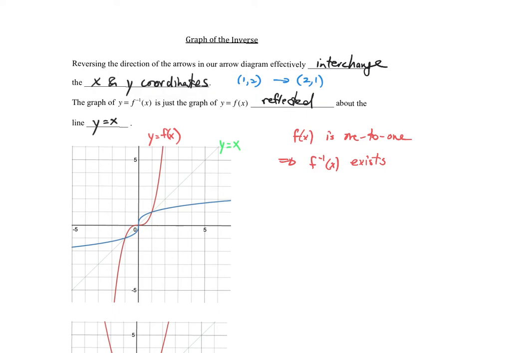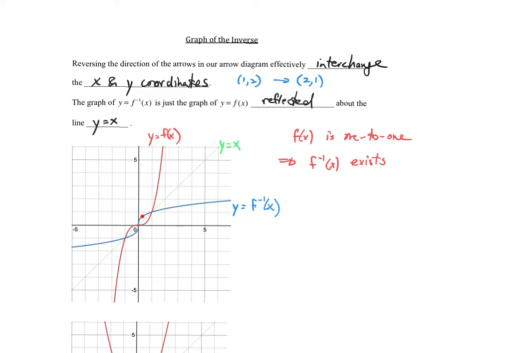So if you look at the blue graph over here, this is the graph y is equal to f inverse of x. And as you can see, each point is just reflected across the line y is equal to x.